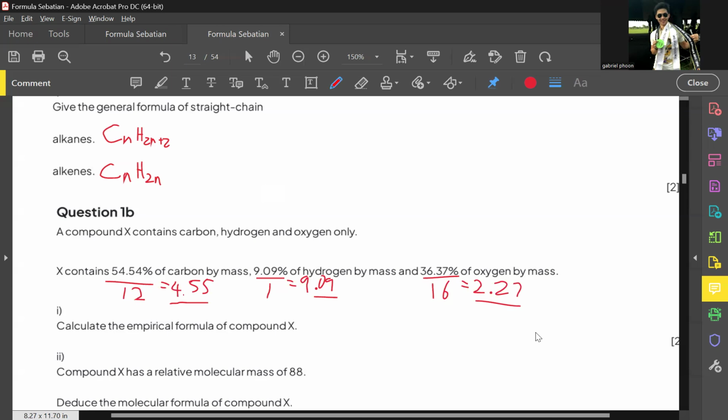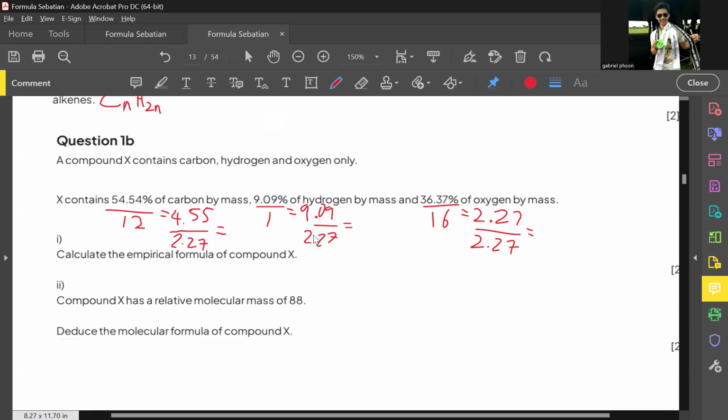You divide it all by the lowest number. Very good. We take it all and we divide it by the smallest number, which in this case is 2.27. Then this one divided by 2.27, and we get something. What's that something? You get the smallest number ratio.